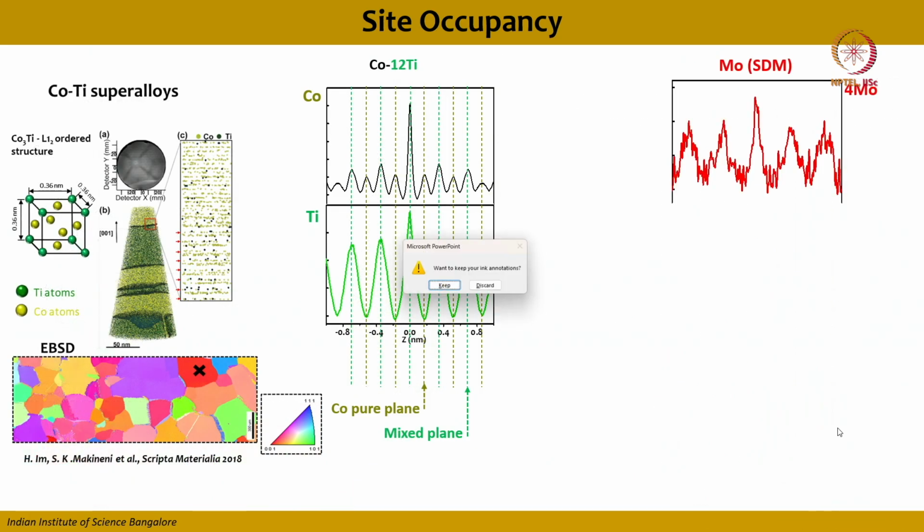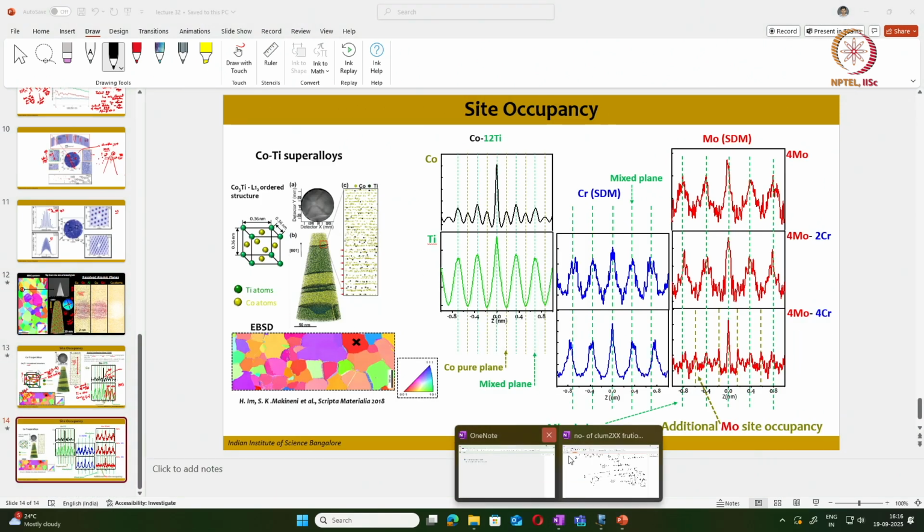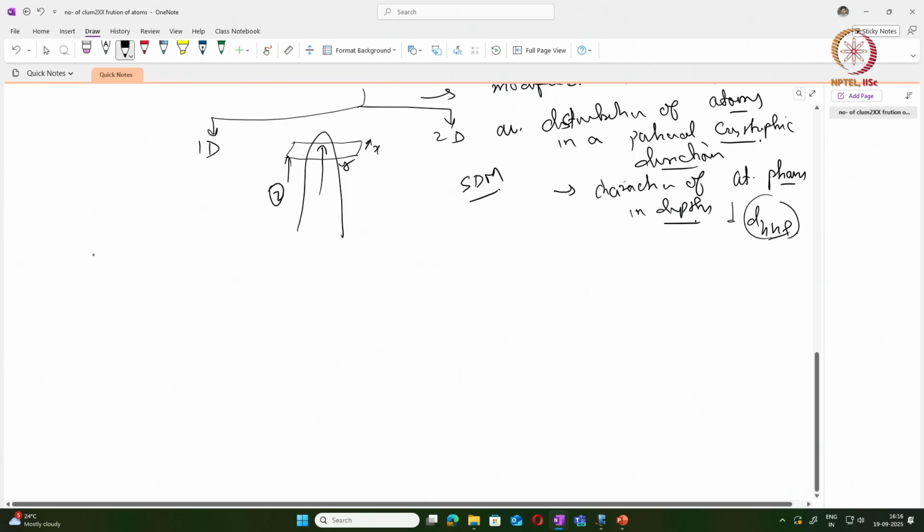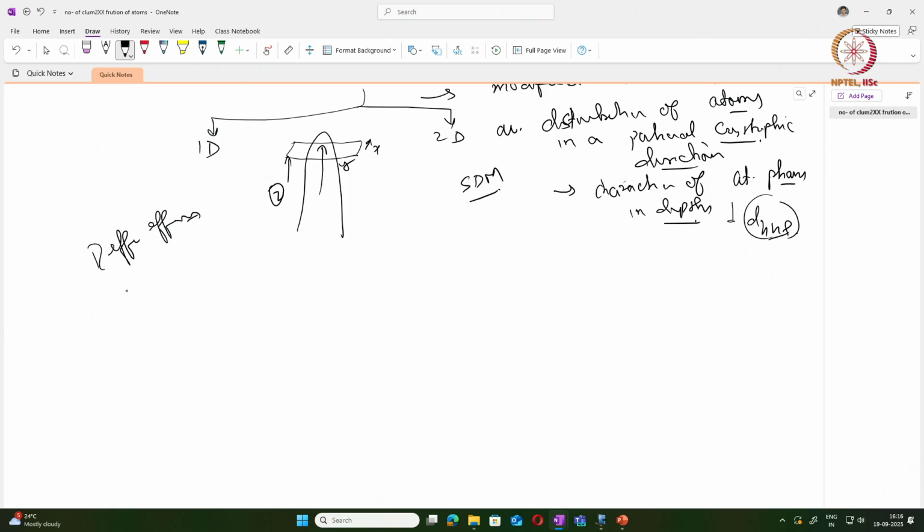Okay. So with this, in this class, what we have taught is the effect of detector efficiency. Then we talked about the radial distribution maps, RDF analysis, radial distribution frequency.